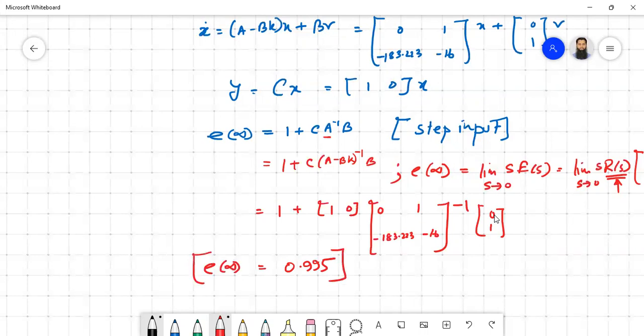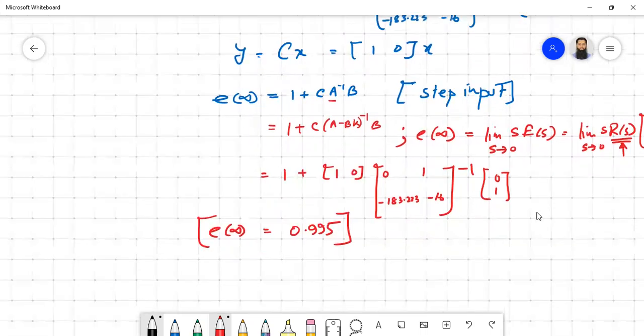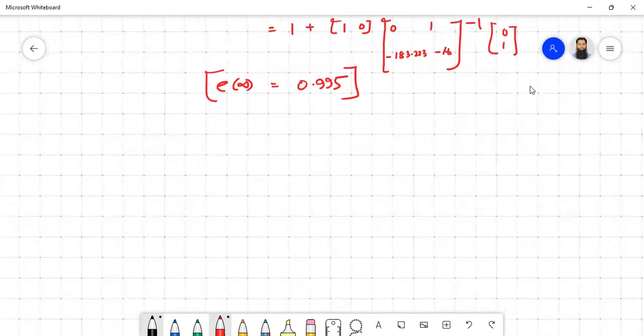Now, this is the existing steady state error if we are not inserting a pole at the origin, so a finite value of the steady state error. Now, next, let's look at the second part of the example, and it says that you have to repeat the example with the integral control.